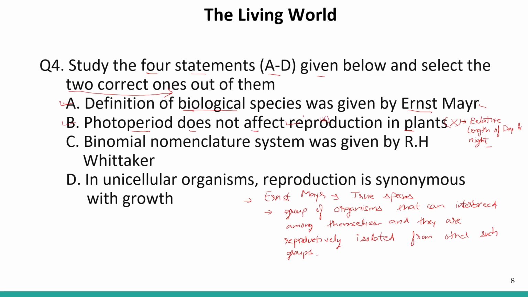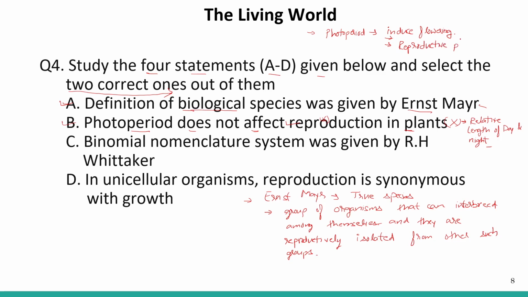How does it affect reproduction? Okay, if we talk about photoperiod or photoperiodism, it helps to induce flowering. Once flowering is induced, the plants are said to be in the reproductive phase.